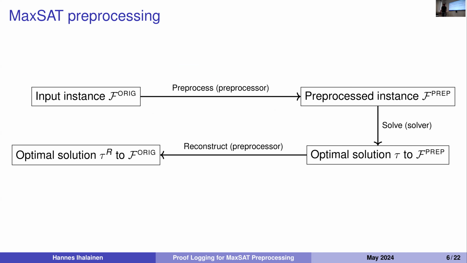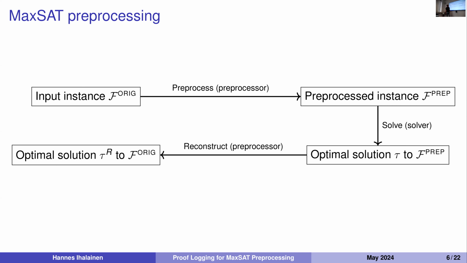Okay, then about preprocessing. So the idea is that we have a standalone preprocessor. We take our input instance, the preprocessor does some magic, and it reformulates the instance to an easier instance for our MaxSAT solver. Then the MaxSAT solver solves the instance, and we get a solution to our preprocessed instance.